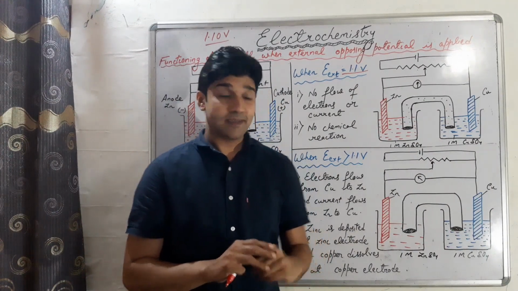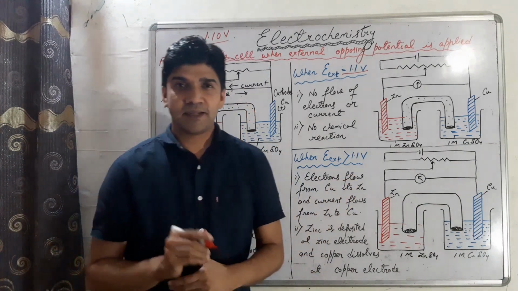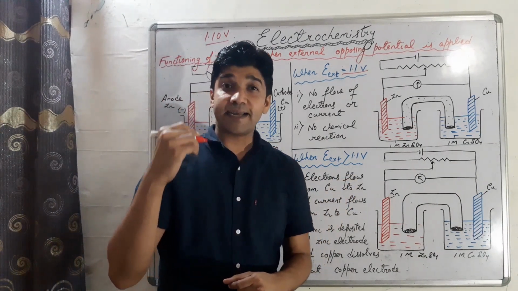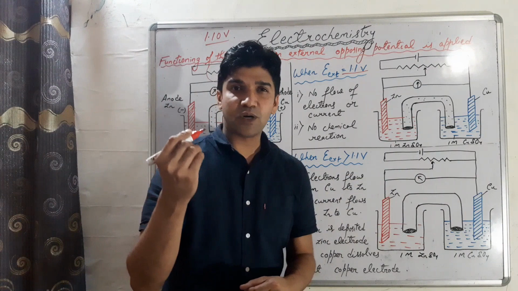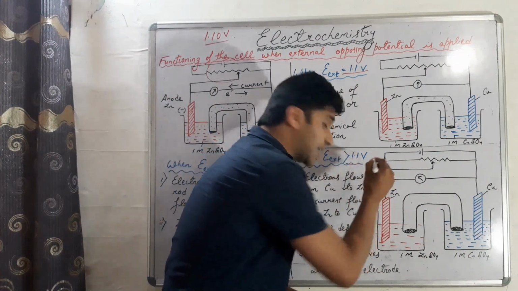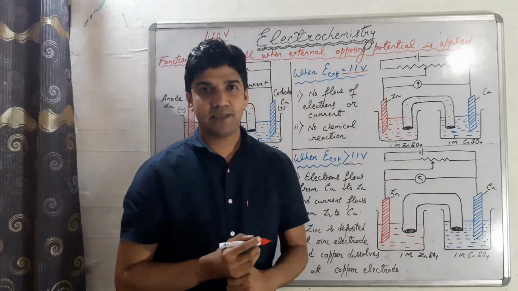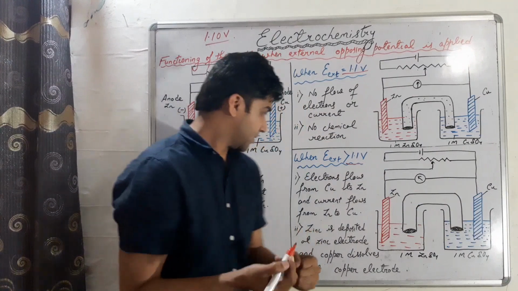ठीक है, थर्ड केस में आते हैं. Now when the external cell potential is more than 1.1 volt, अब क्या होगा?